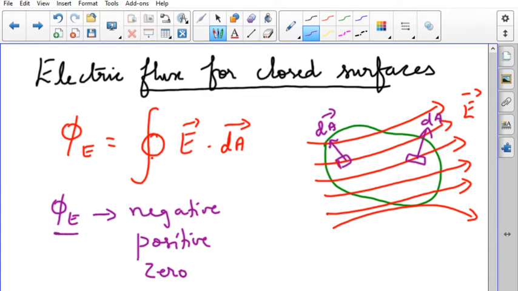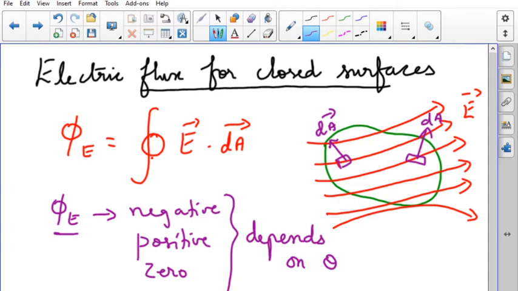It represents a number of electric field lines crossing a given area. How can this number be negative? One doubt comes to your mind, how can this flux be negative? It depends on the value of theta.